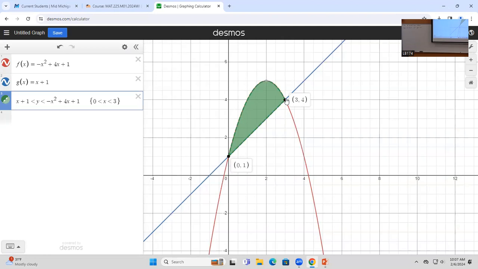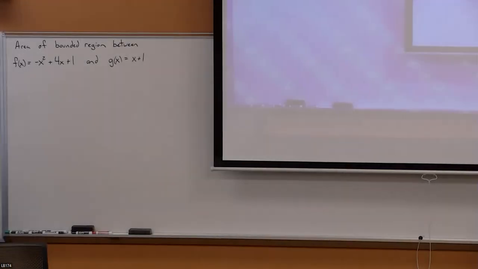Again, you can see that using graphing. You can also use algebraic techniques to do that as well.